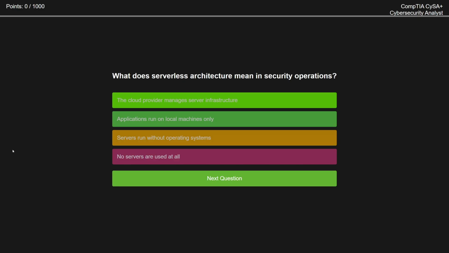Stuff that you can run locally. So yeah, just think cloud provider manages server infrastructure while you're just running code on their server, and it allows you to just receive the output of the code or what the application actually does. So it still runs on the cloud provider's servers. It's not completely serverless, but that's what they call it.